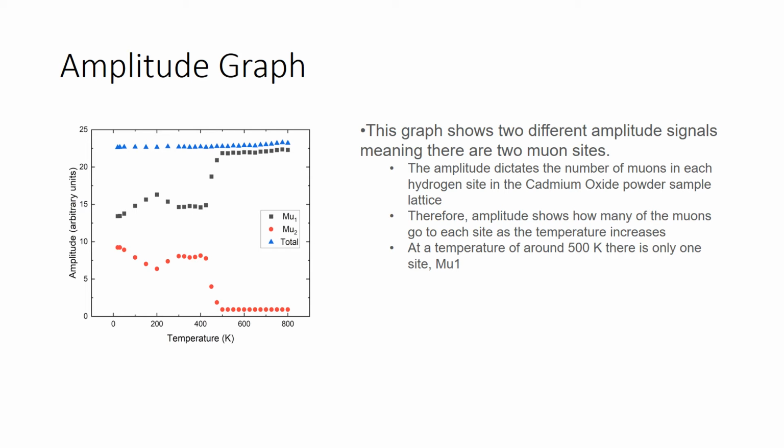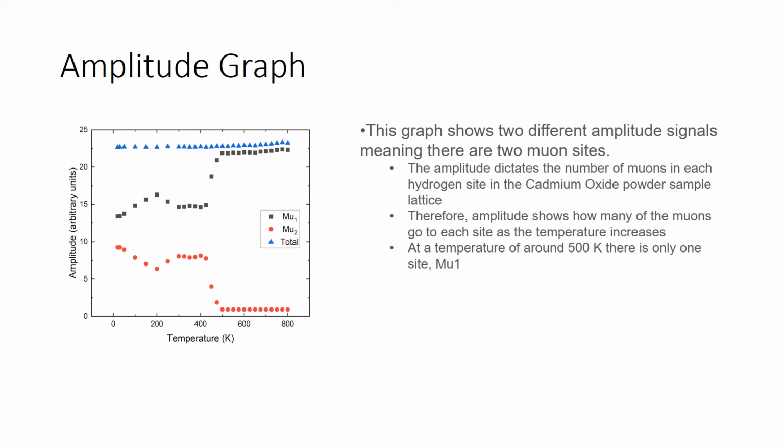As seen by the fit which I found, this graph shows that there are two different amplitude signals, or two different muon sites or hydrogen sites within the cadmium oxide powder lattice. Therefore, the amplitude shows how many muons go to each site as the temperature increases.